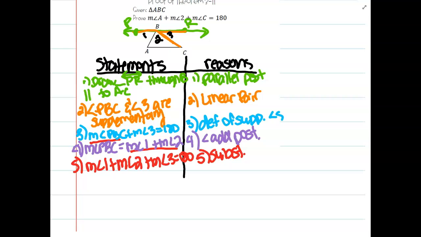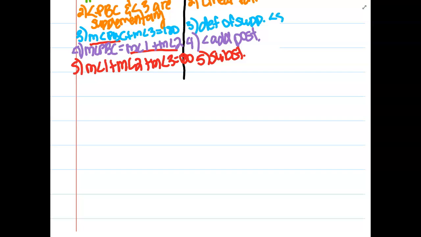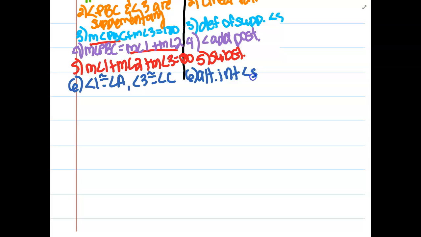Okay, so let's write that down. Isn't it amazing? Okay, so we said angle 1 is congruent to angle A, and angle 3 is congruent to angle C because they are alternate interior angles.